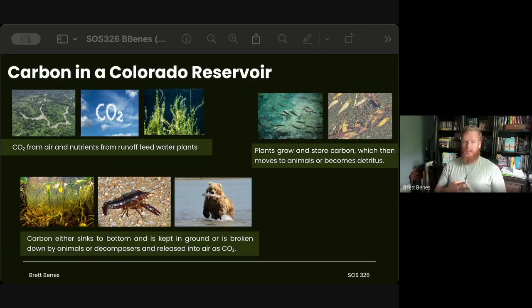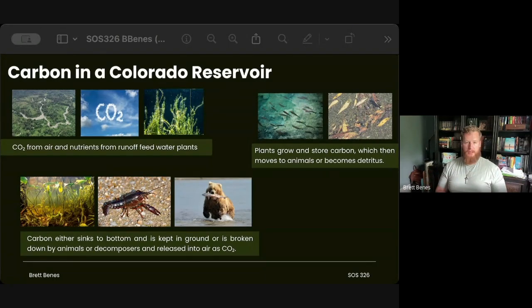From there, it is consumed two different ways. The herbivory pathway, in which carbon moves into herbivores like aquatic insects, fish, and birds grazing on plants, or it goes the detrital pathway, in which dead plant matter falls as litter or detritus, feeding decomposers like bacteria and fungi.